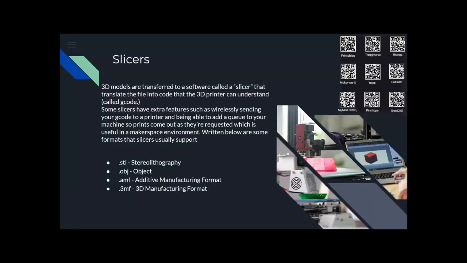Imagine the 3D model is your picture, and then you have to convert it into code that the 3D printer can accept. There's software called slicers that take your design and convert it into G-code, and it allows you to pick all of the settings. And I'll show that in a little bit.